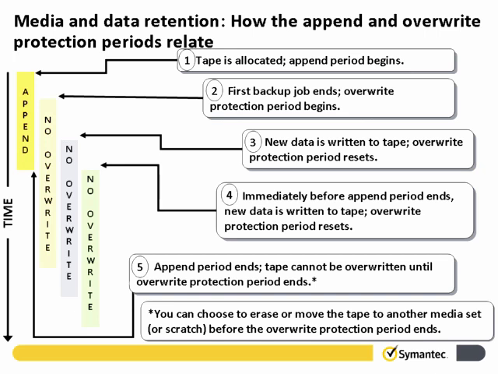And then we send a fourth job to that tape. And we're just barely inside the append period, but as soon as that backup is done, the overwrite protection period kicks off. And now we're going to protect all the data on the tape for that whole overwrite protection period. At this point, the append clock has counted down to 0.